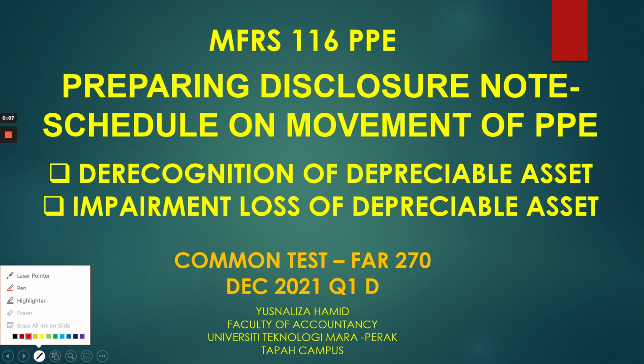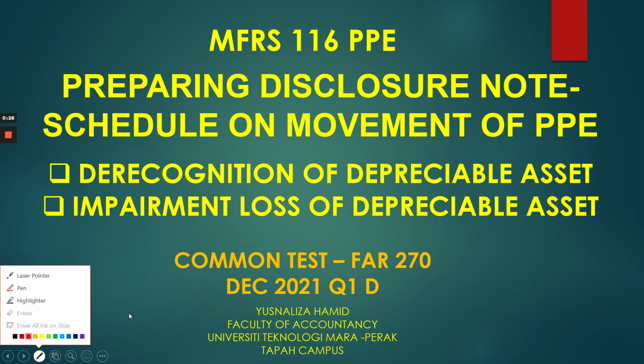Today we are going to discuss another application of MFRS 116 PPE, and in today's session we are going to learn how to prepare the disclosure note, which is preparing the schedule showing the movement of PPE.